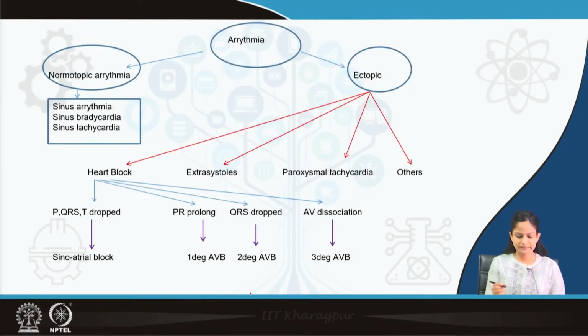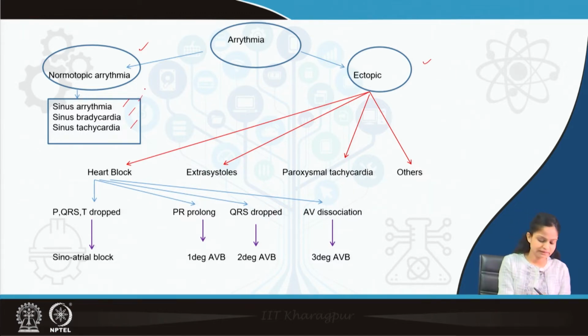So, arrhythmia generally we classify into normotopic and ectopic. Ectopic means any arrhythmia which is arising away from the normal site. In normotopic we have sinus arrhythmia, sinus bradycardia and sinus tachycardia. In all of these there is a difference in the heart rate, either with respect to respiratory cycles, or there is a decrease or an increase in the heart rate.